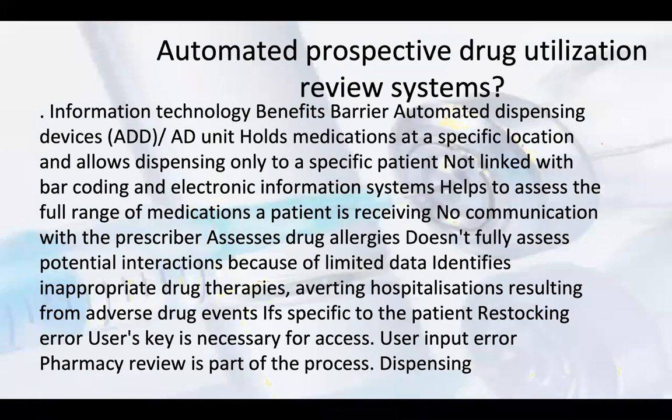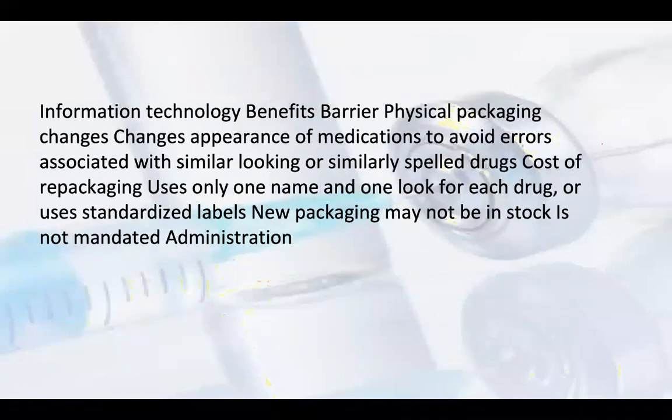It assesses drug allergies but doesn't fully assess potential interactions because of limited data, and identifies inappropriate drug therapy, averting hospitalization resulting from an adverse drug event if specific to the patient. Stocking errors: a user's key is necessary for access. User input errors: pharmacy review is part of the process of dispensing. So that's why it has to be used.